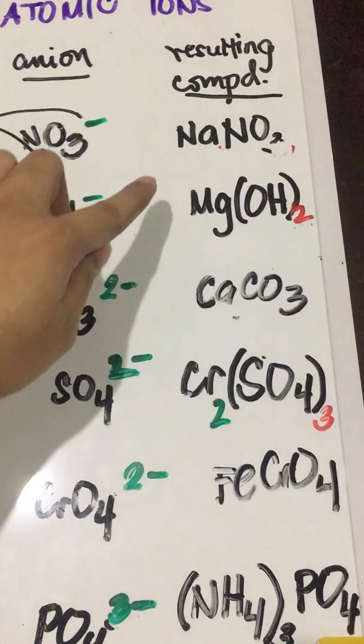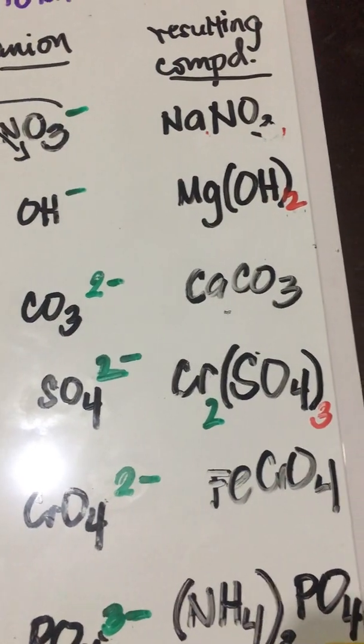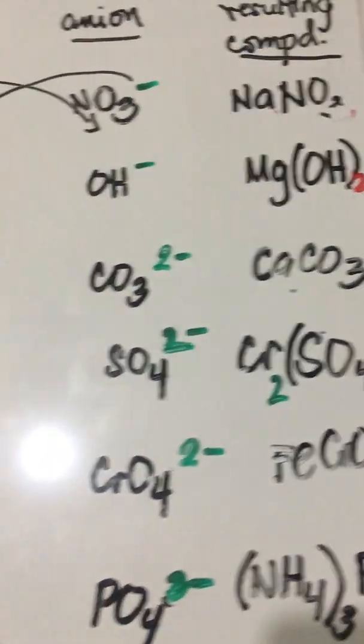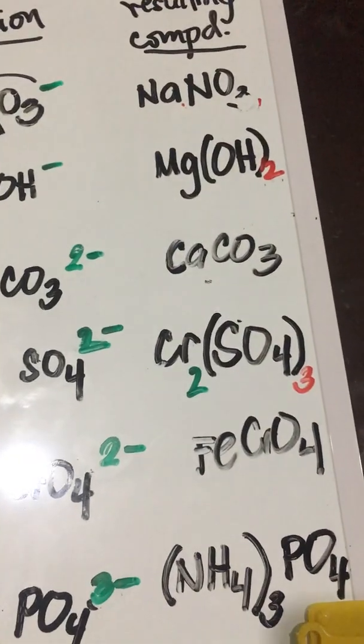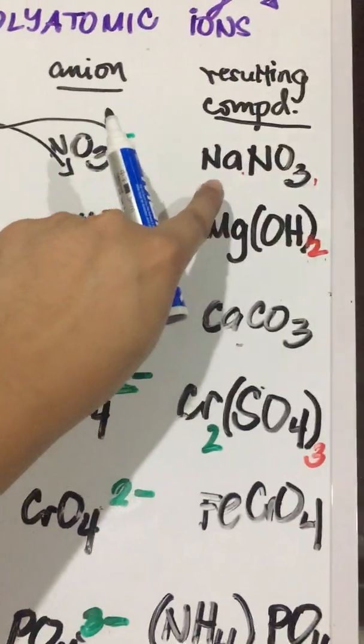The first 3 elements are representative elements, so they have fixed charges. So whatever, we don't need to indicate their charge. So for example, in here, let me just clear this one out. It's made up of the sodium and the nitrate ion, so we name that as sodium nitrate, NaNO3.